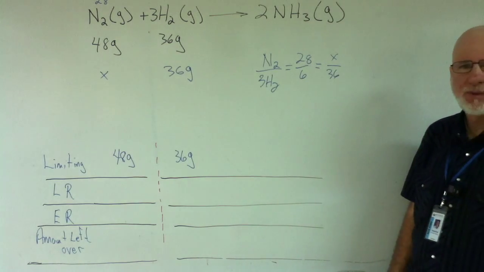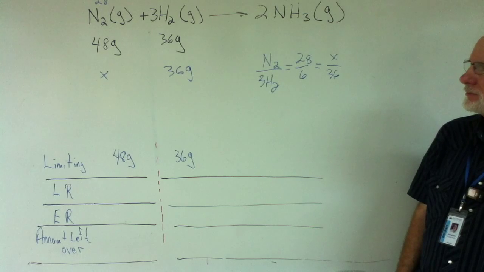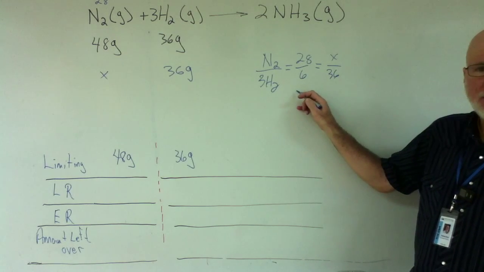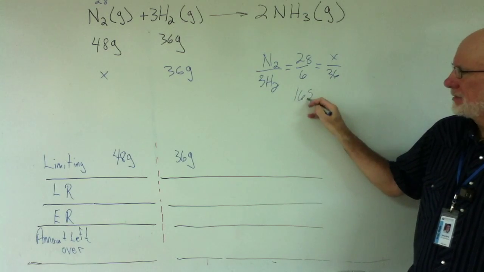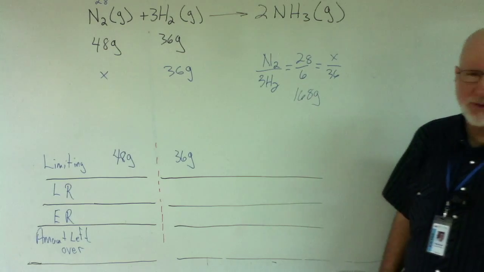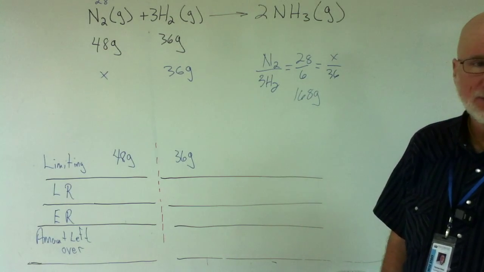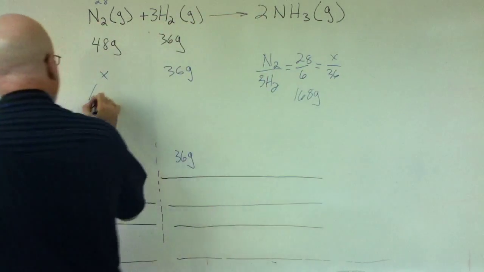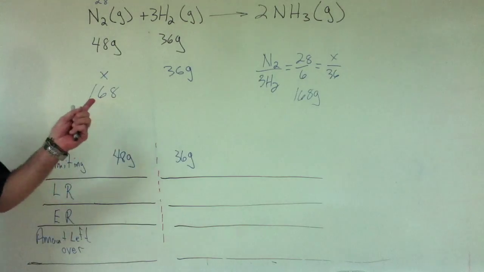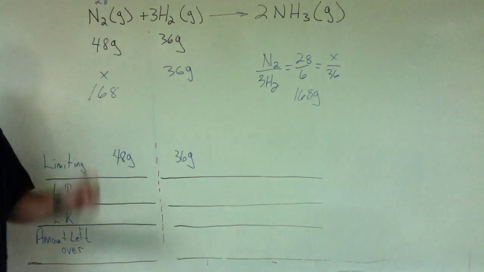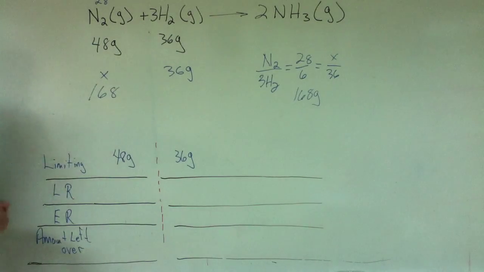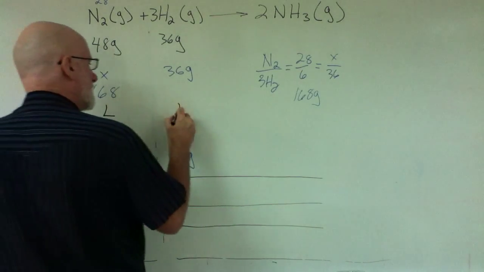What do you get? 168. Okay, so you don't need 200 grams, but you need 168 grams, correct? Do I have 168 grams? Therefore, what's limiting, according to the simple calculation? The nitrogen. Yeah, this is limiting, and this is excess.